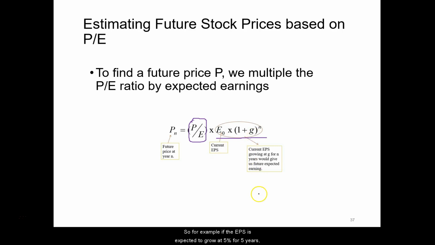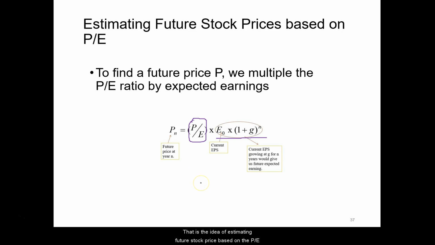For example, if the EPS is expected to grow at 5% for 5 years, then after 5 years, the EPS will be current EPS multiplied by (1 plus 5%) to the power of 5. And if we know the EPS 5 years later, then use the future EPS multiplied by the PE ratio. Think about the E and the E part can cancel out. We can get some idea about the price of the stock 5 years down the future.